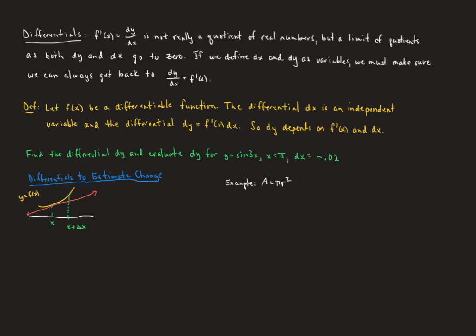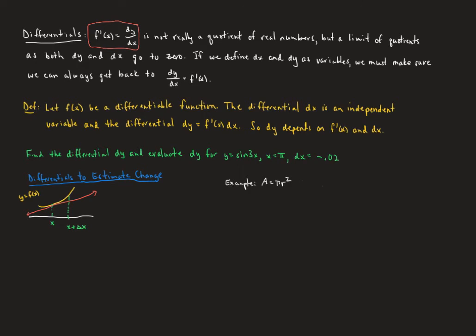So in yellow we see a definition. Here's our definition of these now differentials. If f of x is differentiable, then we choose dx to be an independent variable. We can make it be whatever we want, and the differential dy is going to be f prime of x times dx. You can see that's just doing the algebra with our derivative up here.